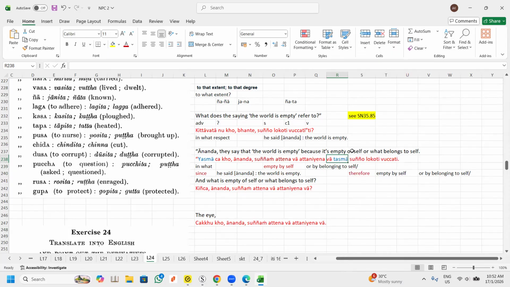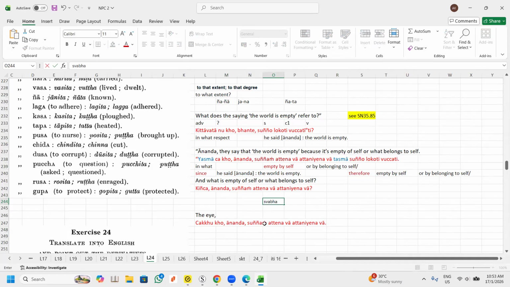The word empty is sunyo, and loko is the world. Then the word is atta. But the other tradition doesn't use atta, they use svabhava.